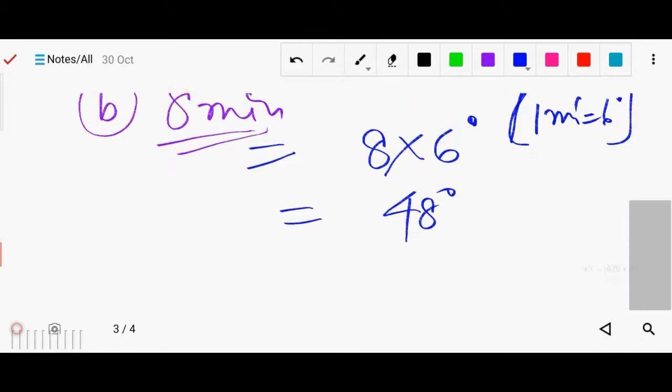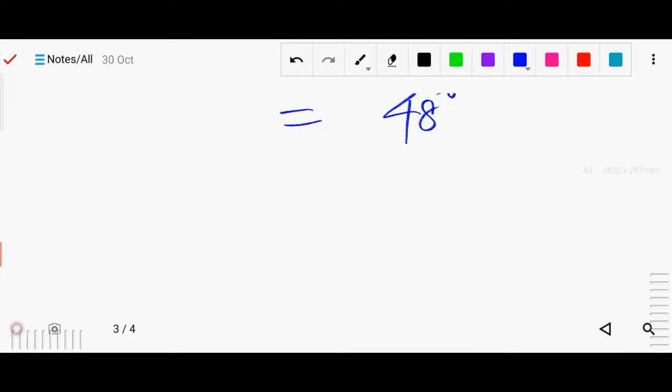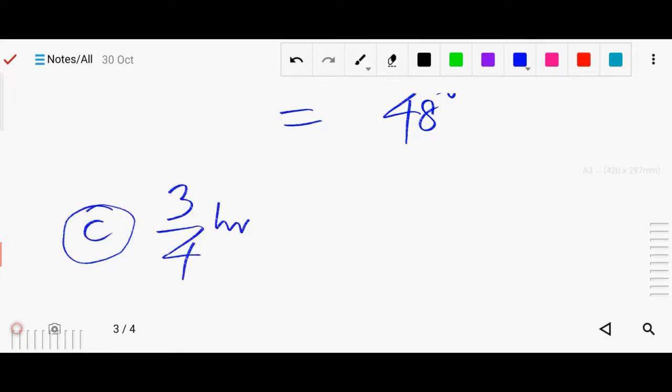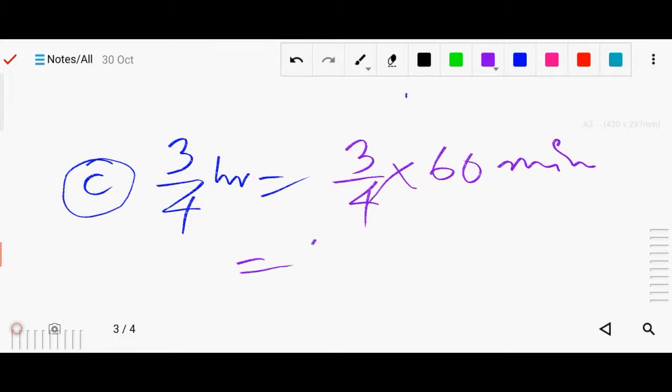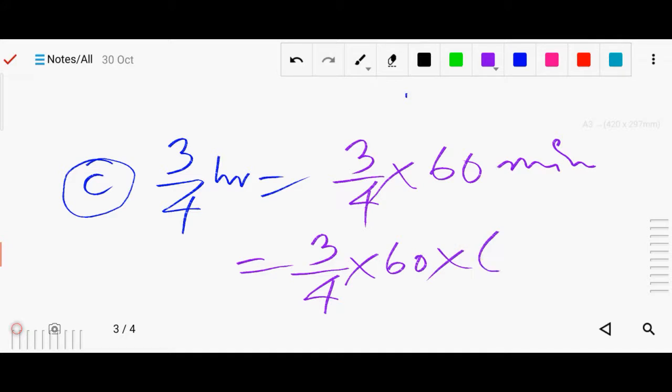Now part c, that is 3 by 4 hour. First of all you have to change it to minutes, so 3 by 4 into hour, you multiply by 60. Now it is in minutes, and again we have to change to degrees. So 3 by 4 into 60, and in 1 minute 6 degrees, so multiply by 6.